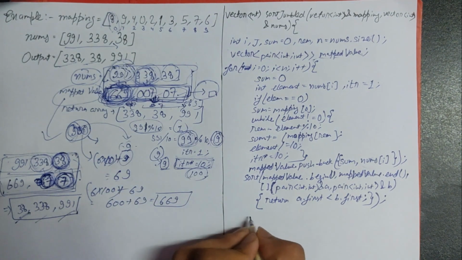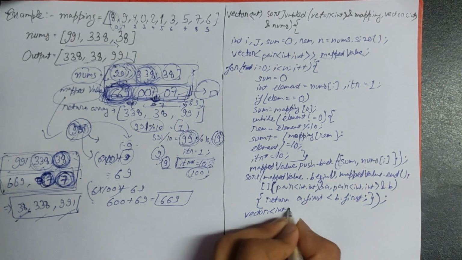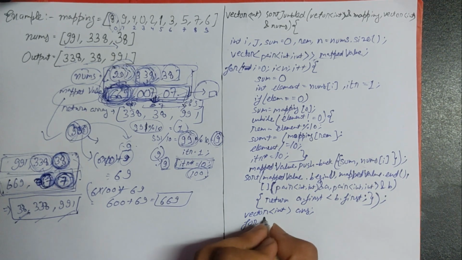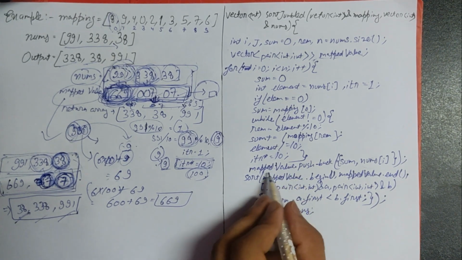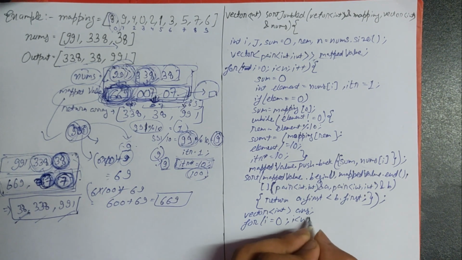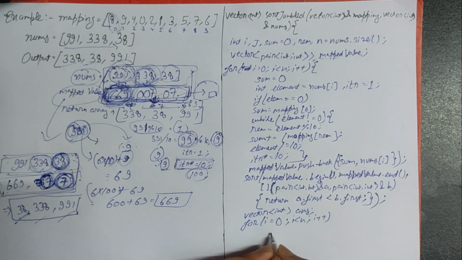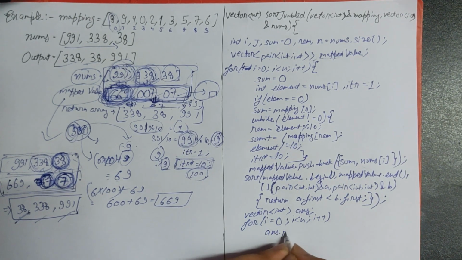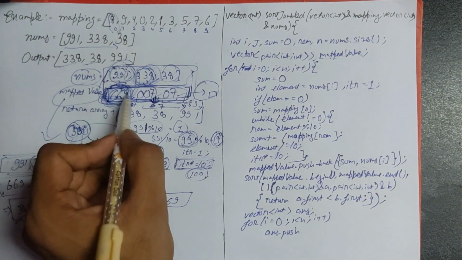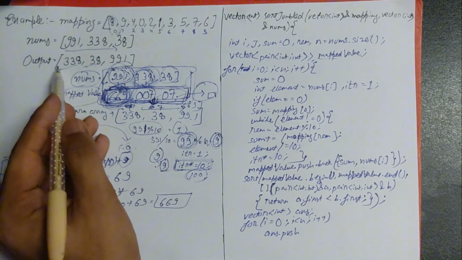So let's create another vector int answer that we have to return, and we will simply iterate over the mapped value vector, which has the mapping, so I less than n, I plus plus, and after that we will just push the second value. So after sorting, the second values will be pushed, like for this 338, 38, 991 will be pushed in the return array, and it will be our output.